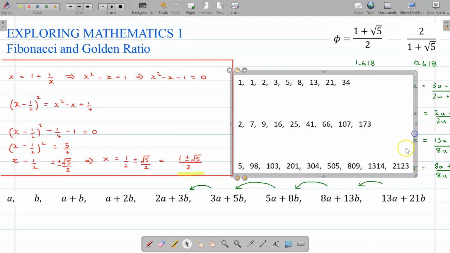If you carried on those sequences further and further, it means that if you took one term and divided it by the previous one, many places along, it would be more and more close to this exact value of 1 plus root 5 over 2. And as I said, it didn't matter what pair of numbers you started with, it will eventually, in fact quite quickly after a few terms, start to converge towards this value of 1.618.